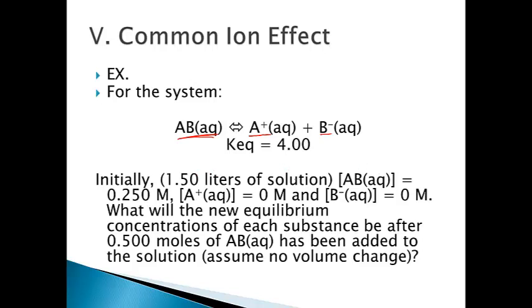The concentration of AB is 2.50 molar, and A plus and B minus are 0. So in other words, the system hasn't reached equilibrium yet. All we have is AB. There's no A plus or B minus. What will the new equilibrium concentrations of the substance be after you add 0.50 moles of AB? And assume that there's no volume change also.